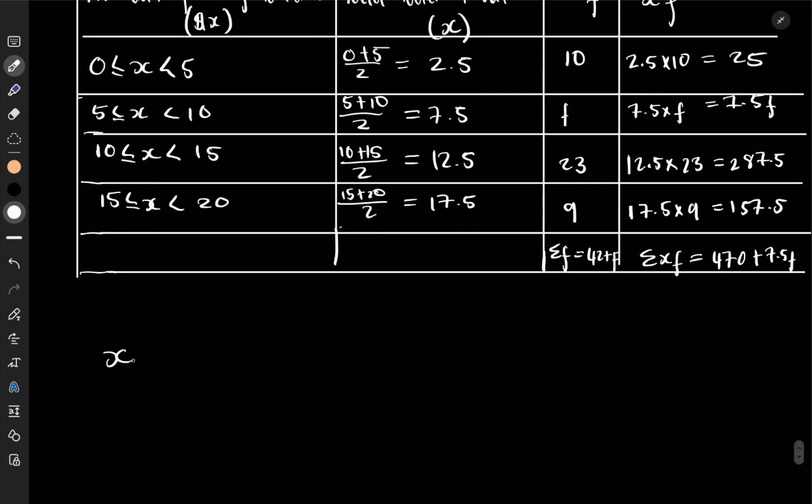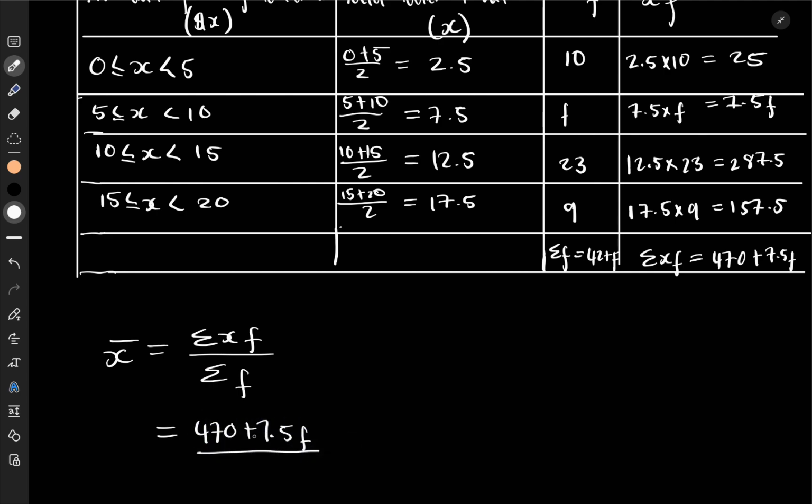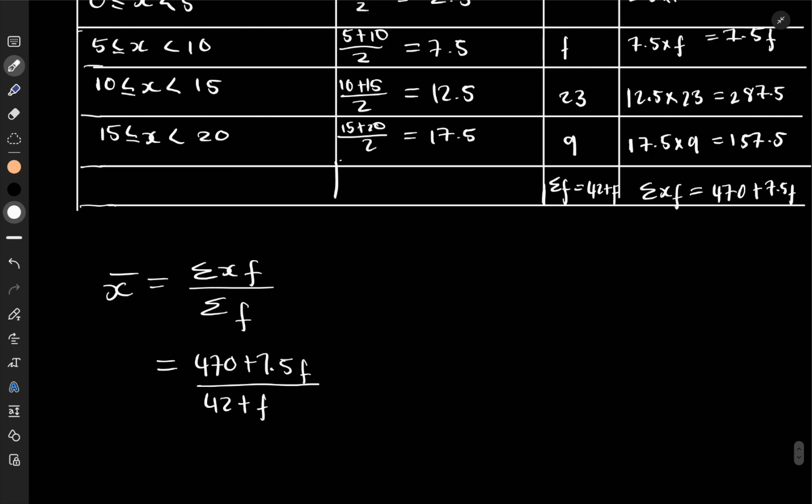Now you're going to say mean X bar is equal to summation of XF over the summation of F. What's the summation of XF? 470 plus 7.5F, all over 42 plus F. This is going to be my X bar, right? And what's my X bar?